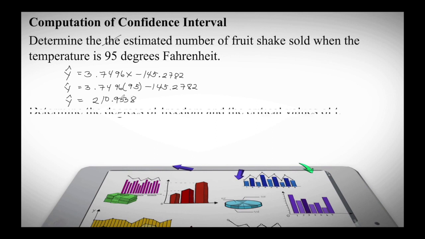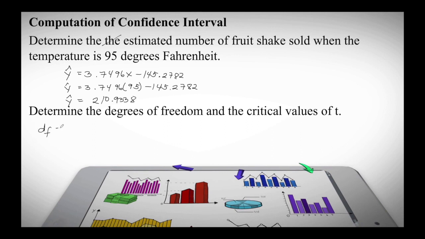For now, let's go to the determination of the degrees of freedom and the critical values of T. For the degrees of freedom, we have n minus 2, which is 12 minus 2, or 10. This is our df. For the critical values of T, we can refer to the table.